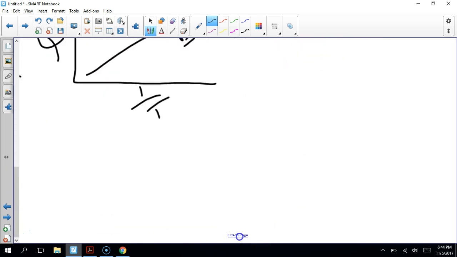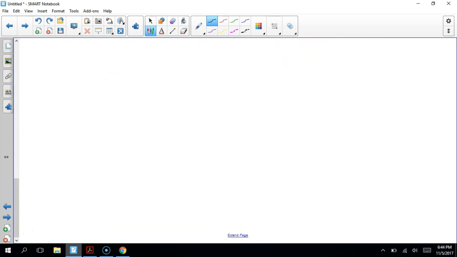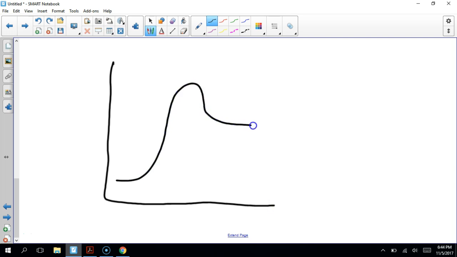And then the last thing that you're going to see graphed, that I'm sure you're going to see somehow, some way, shape, or form, is a reaction coordinate. Where you have something like this. And so based on this reaction coordinate, we have energy here versus progress.